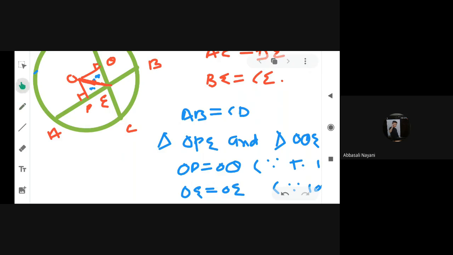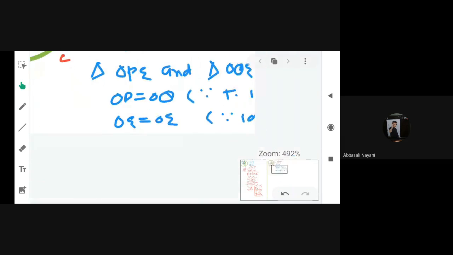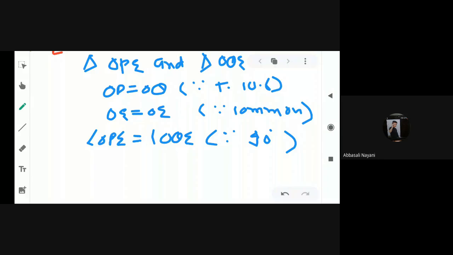It is the concept of congruent triangles, in which OE is the common side, it is the hypotenuse. This is the right angle, 90 degrees, and this is any other side. So it is the condition of RHS: right angle, hypotenuse, and one side.